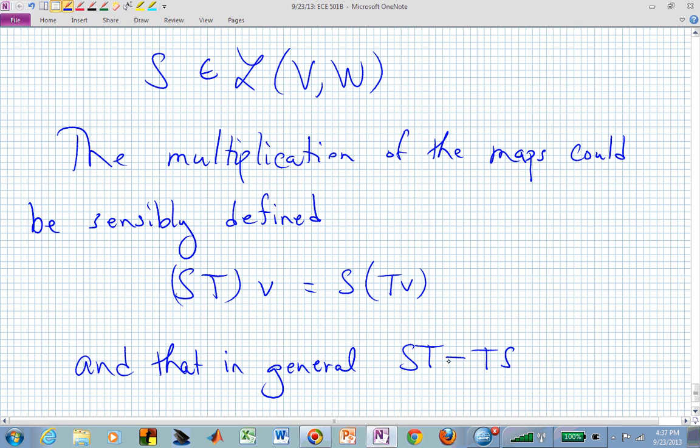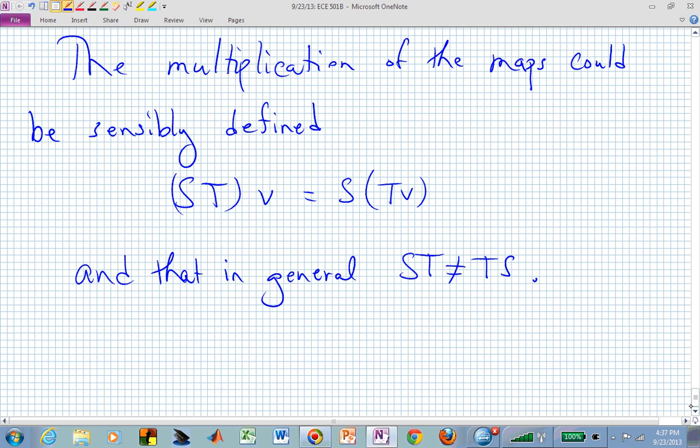As far as maps, it makes a difference how you operate on vectors in terms of the sequence or order with which you operate on those. Meaning ST is not necessarily the same as TS. And we could look at how this works with respect to the matrix representations.